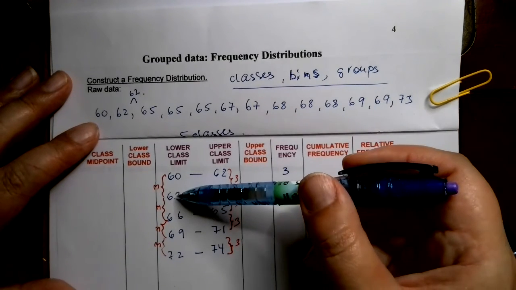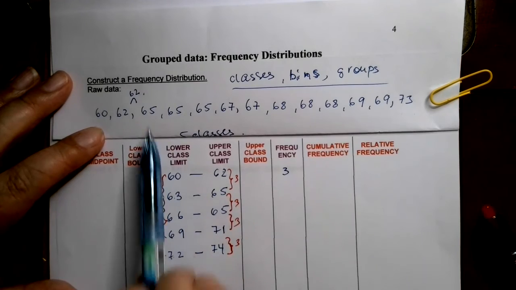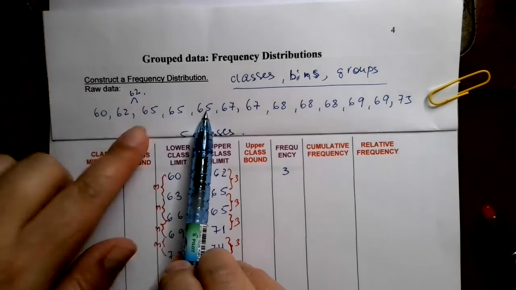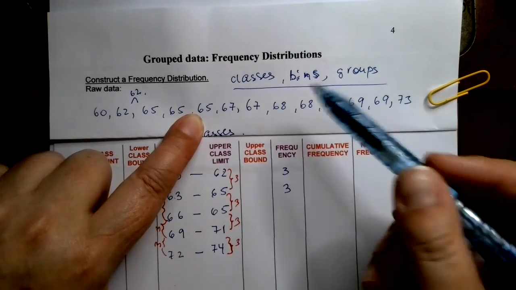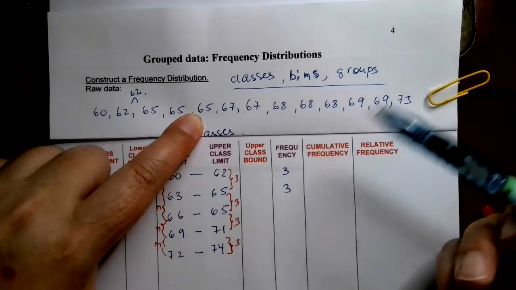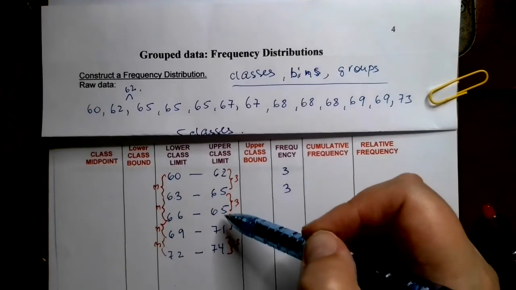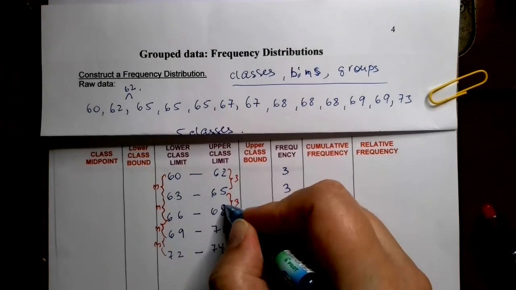And then between 63 and 65, I don't have any 63s or 64s. I have only 65s, and there's 3 of them. So I'm going to put a frequency of 3. And then between 66, did I put 65 here again? This should be 68.